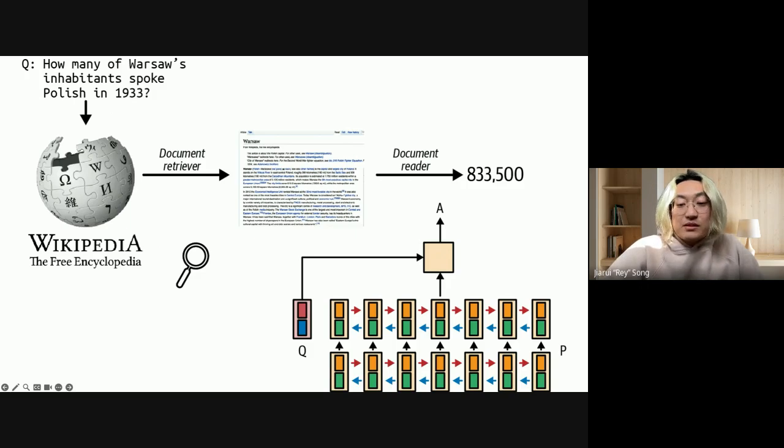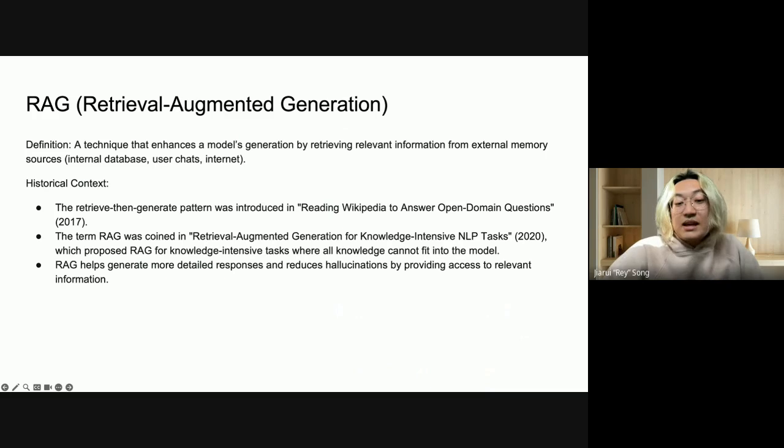This paper specifically proposed RAG as a solution for knowledge-intensive tasks where it's impossible to feed all the necessary information directly into the model due to context limitations. A key finding was that by providing access to relevant information, RAG helps the model generate more detailed responses while also reducing the occurrence of hallucinations or inaccurate information.